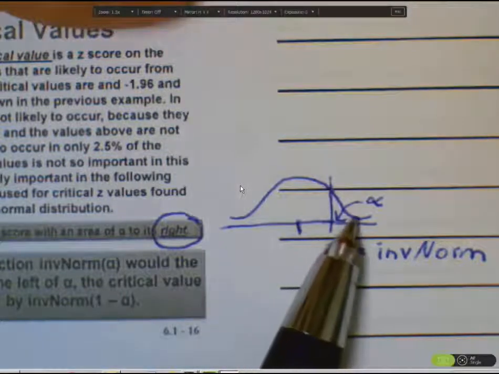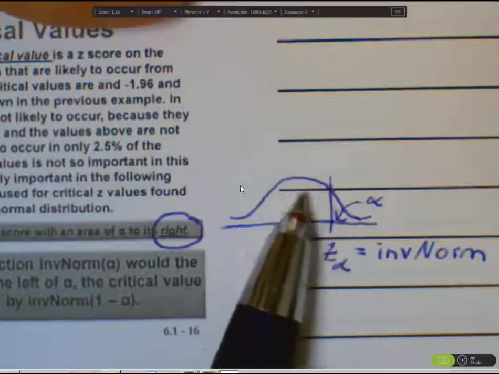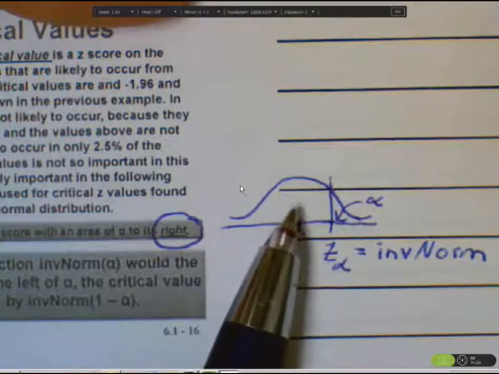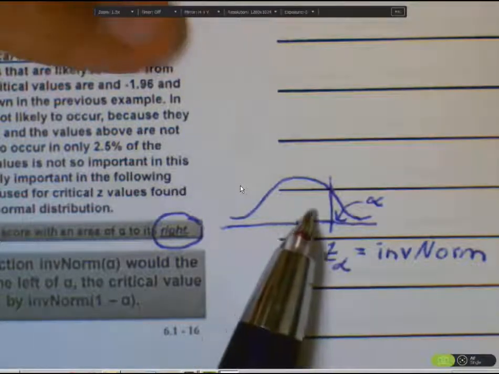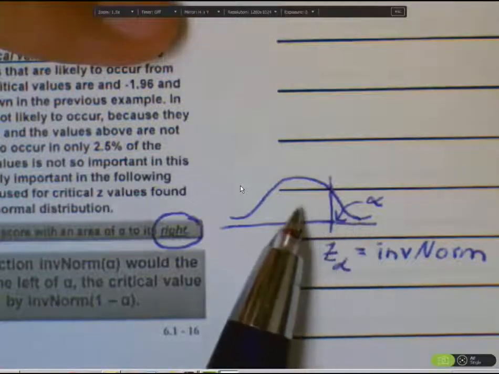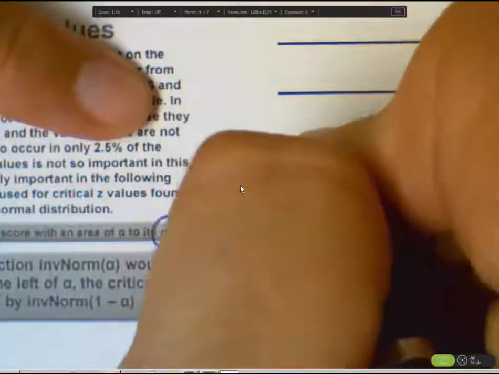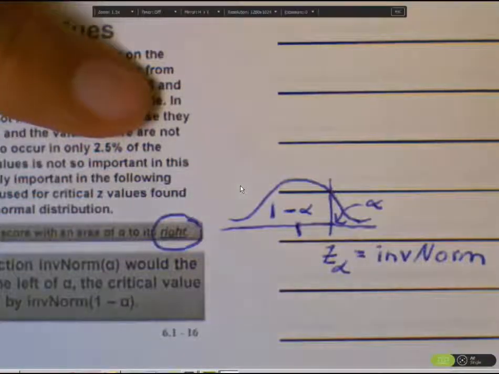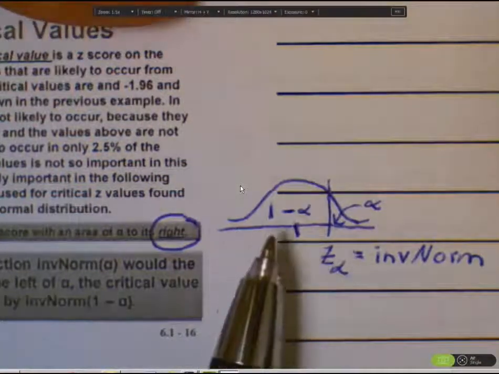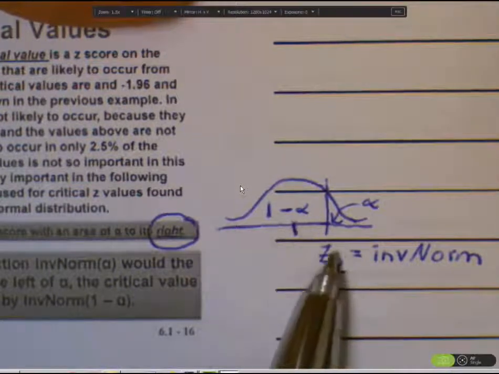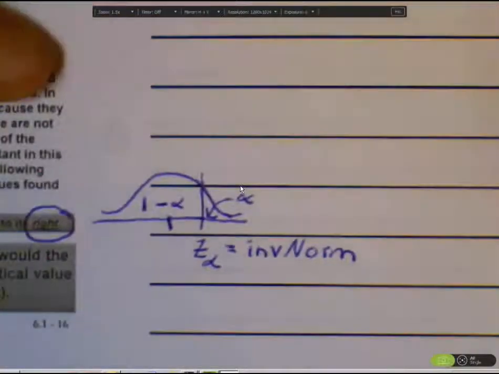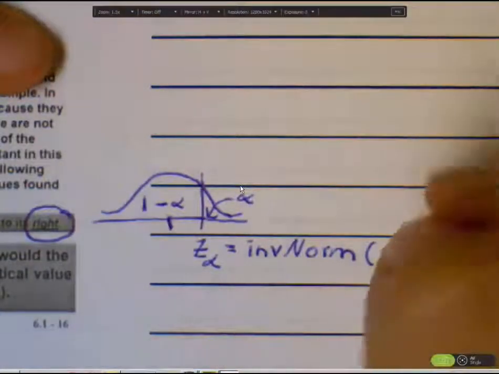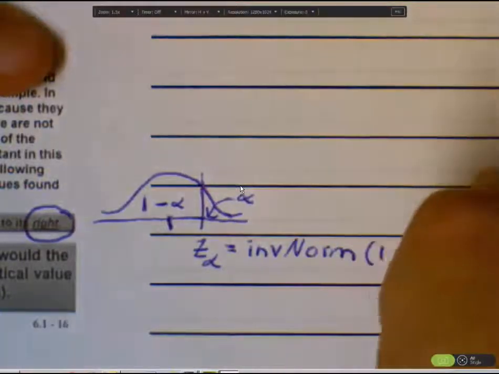Well, if this area is, let's say, 0.2, then how can I find the area to the left? It would be 1 minus 0.2. If this area is 0.2, then this area is 0.8. Or if this area is alpha, then this area is 1 minus alpha. And because I always have to enter the area to the left, when I have the instructions find this z-score, I have to enter inverse norm, not alpha, but 1 minus alpha.